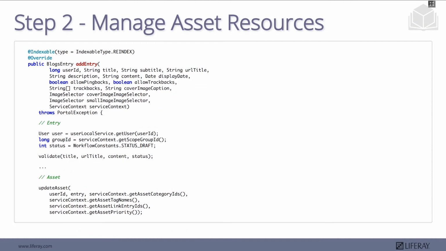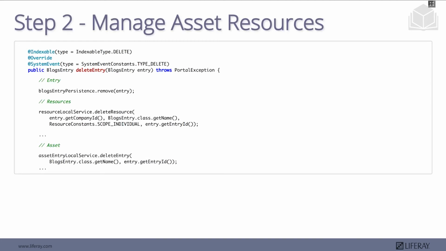So what that looks like, in this example here, we have the blogs entry and we have the add entry method. From there, assume all of the logic to make it happen. And then as we go down, we'll see the update asset method will be called right at the end of the add entry method that we have here.